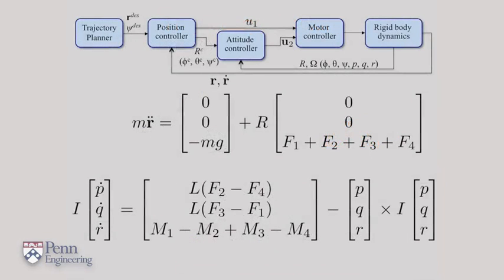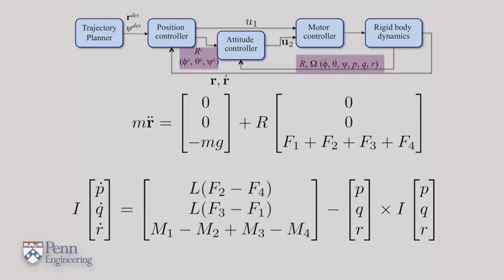Let's go back and look at the equations of motion and the nested feedback loop we discussed earlier for the two-dimensional quadrotor model. As in the planar case, we have nested feedback loops, the inner loop corresponding to attitude control, and the outer loop corresponding to position control. In the inner loop, we'll specify the orientation either through a rotation matrix or a series of roll, pitch, and yaw angles.